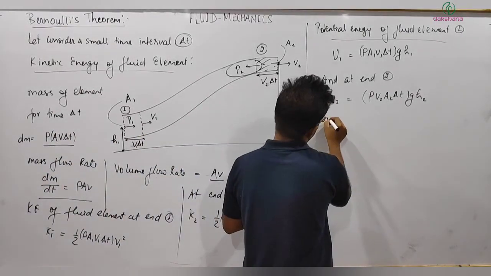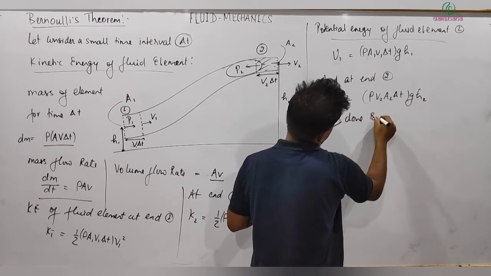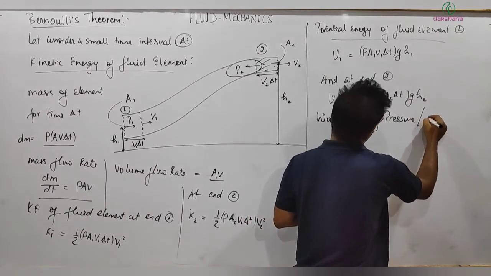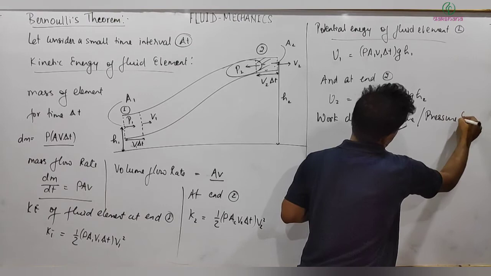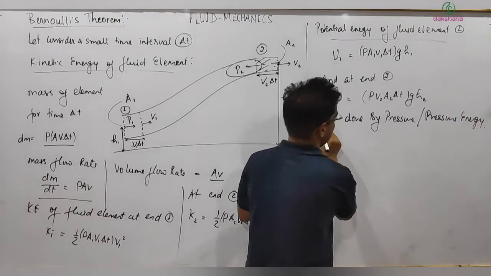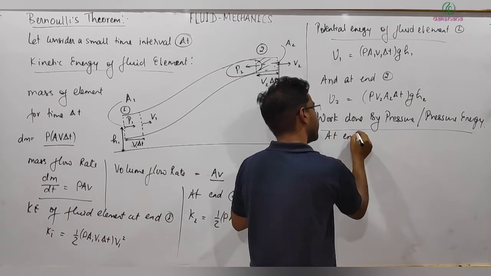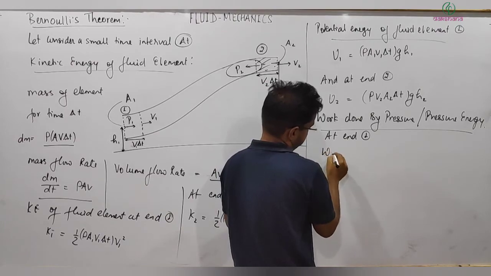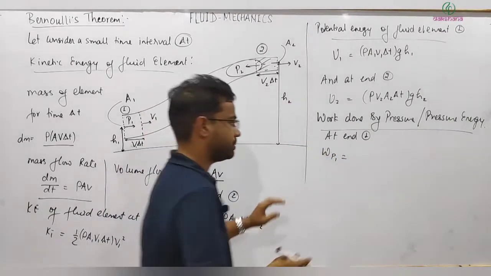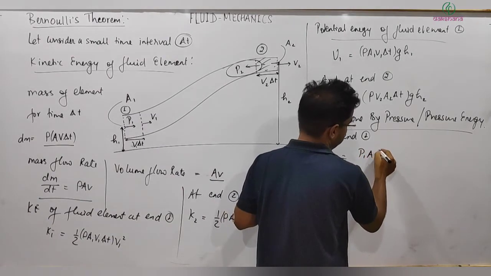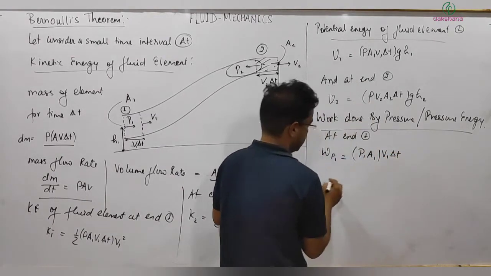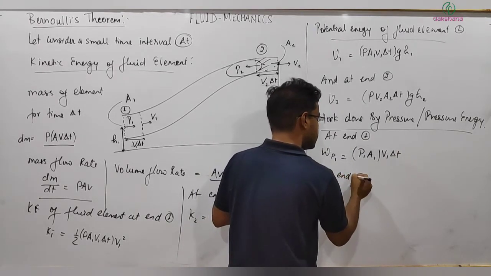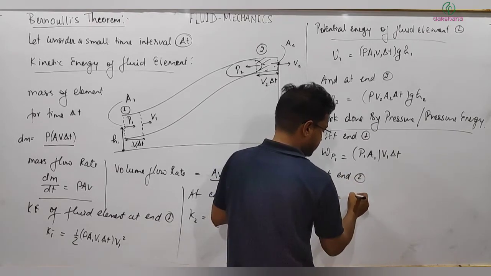So the work done by the pressure force at 1 will be WP1, equal to pressure multiplied by area into displacement: P1 A1 V1 delta T. And at 2, I will write WP2, again pressure.